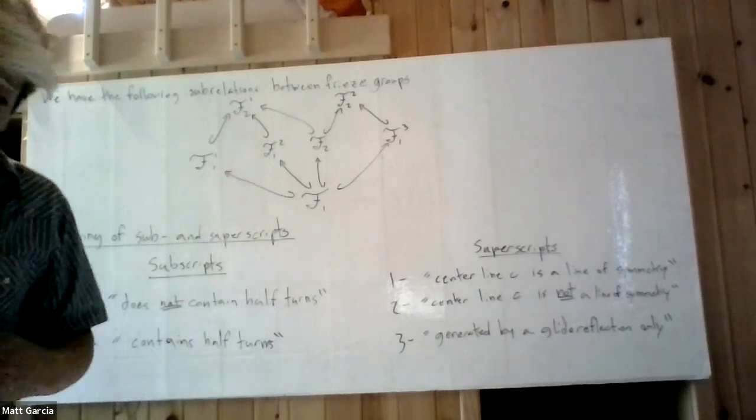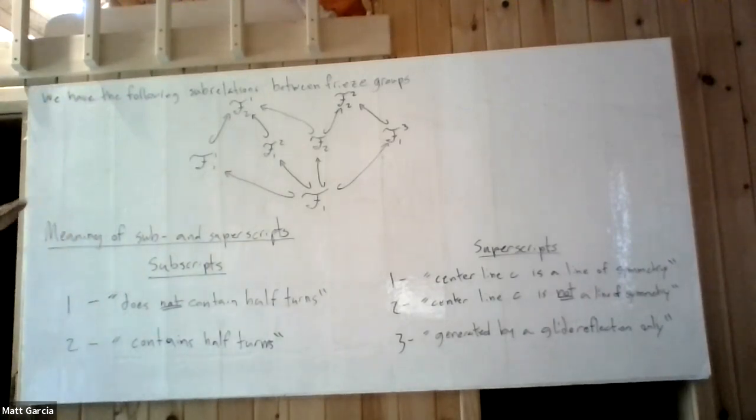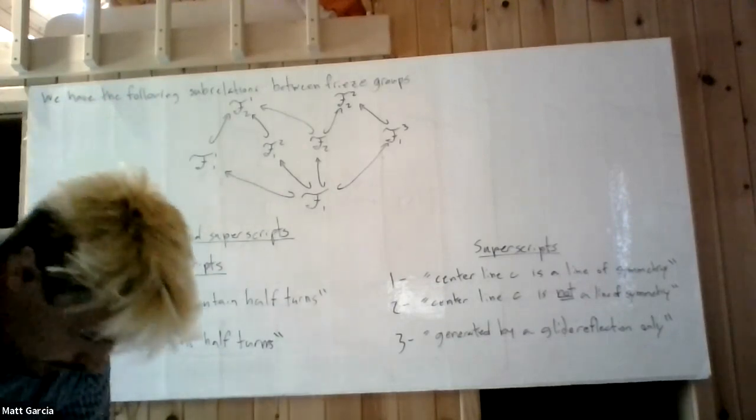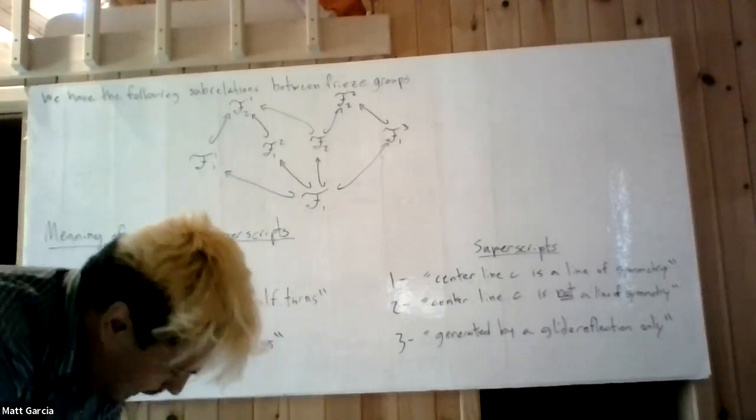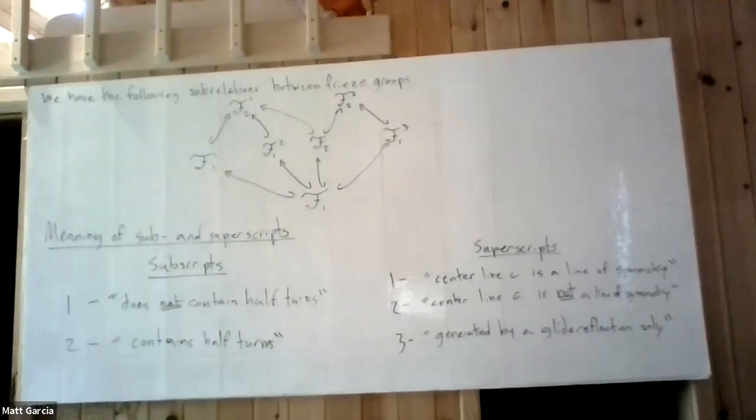So I just want to give you some time to digest this. I've blathered on about how this is a really nice result, but what's not so nice is, if I give you a frieze pattern, how do you effectively determine what its symmetry group is?